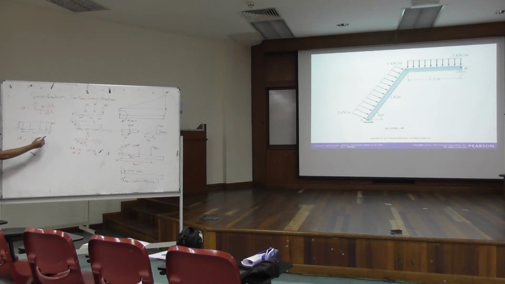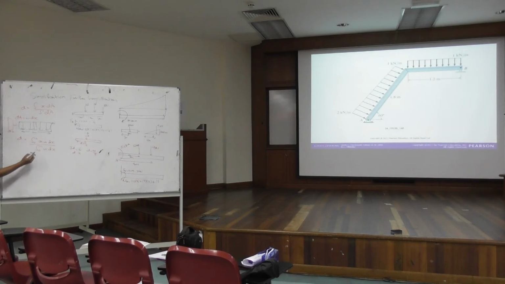from 0 to L, and then x, and then the dA is what? If you put this one, this is the x, this will be W. So dA is W dx. So you get integration 0 to L of x W dx over integration 0 to L of W dx.